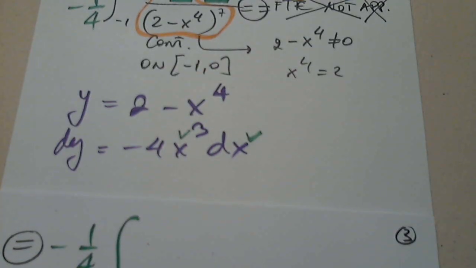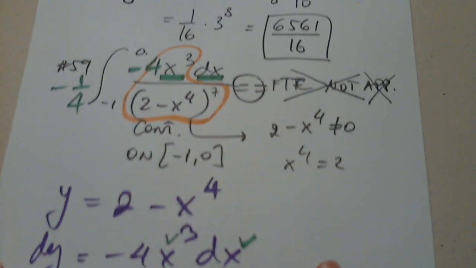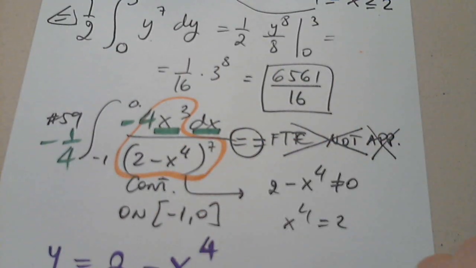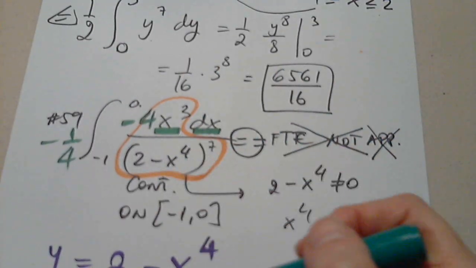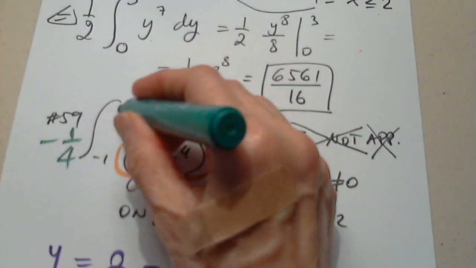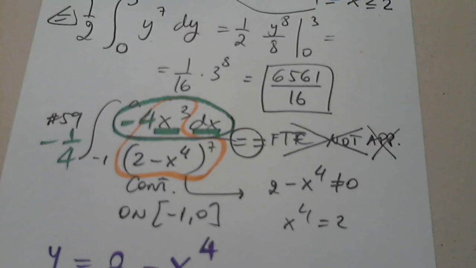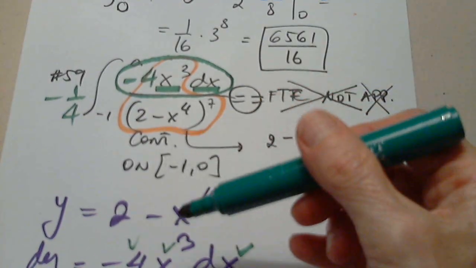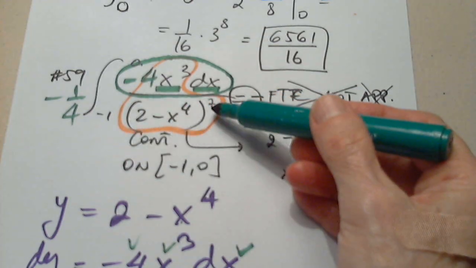Now the integral. Let's account for everything in here, and then we'll decide what the limits of integration are. So I have now the -4 x to the third dx. All this piece is the dy. Clearly the denominator is this y to the 7th.